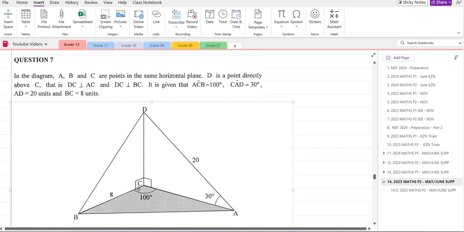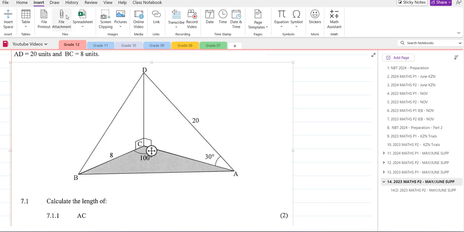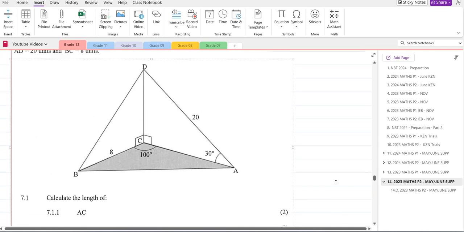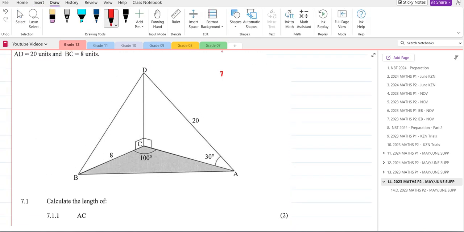To find AC, we're going to use triangle DCA or ACD, and we're going to use adjacent over hypotenuse. So 7.1.1, we're going to say cos of 30 degrees is equal to adjacent, which is AC, over hypotenuse, which is 20.